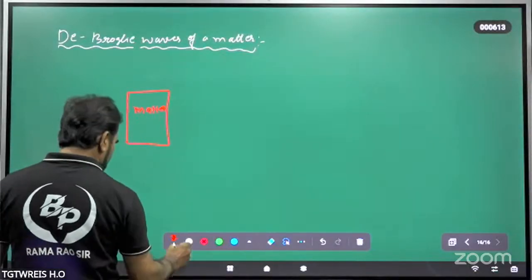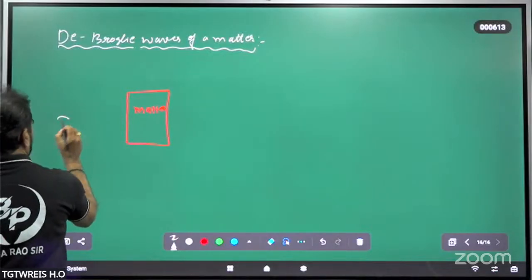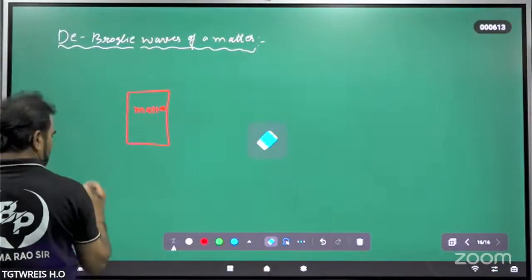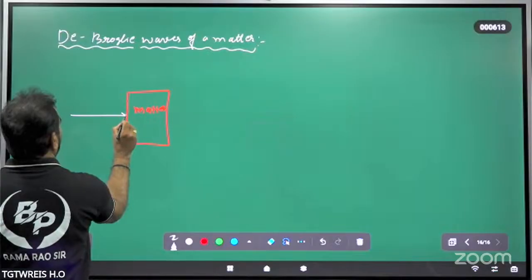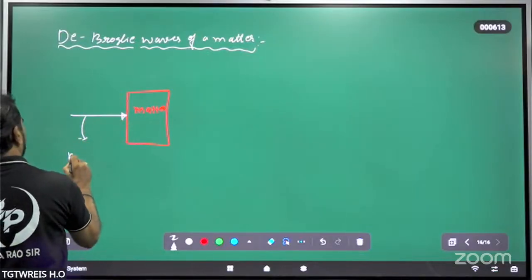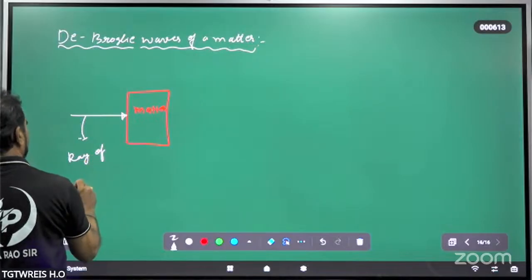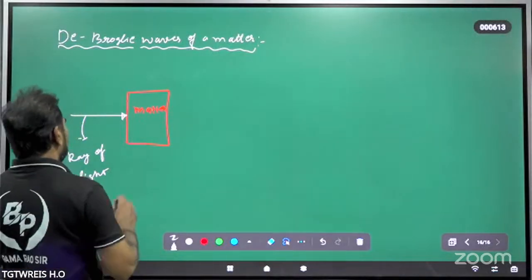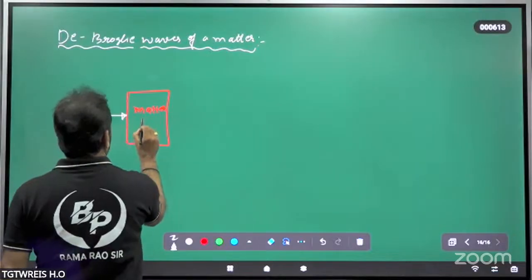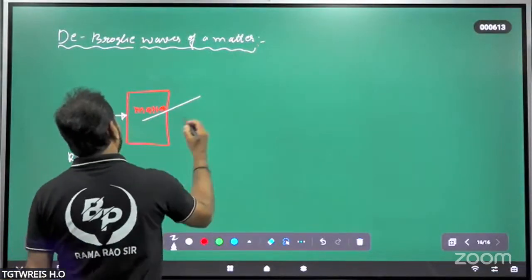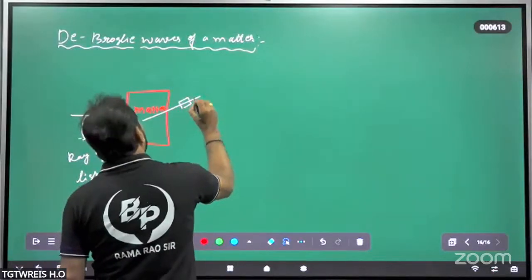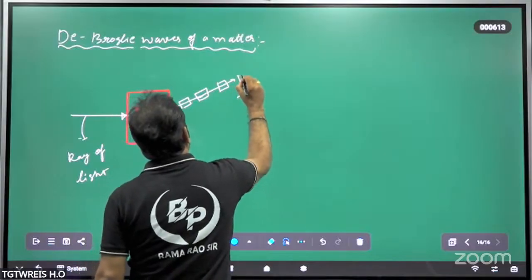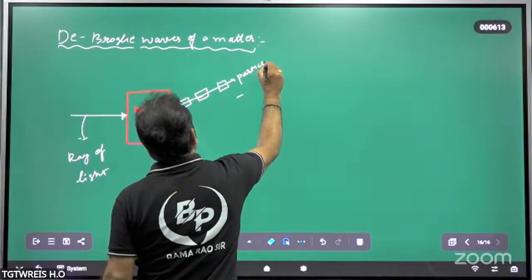When a ray of light interacts with the matter, sometimes it behaves like a particle nature.